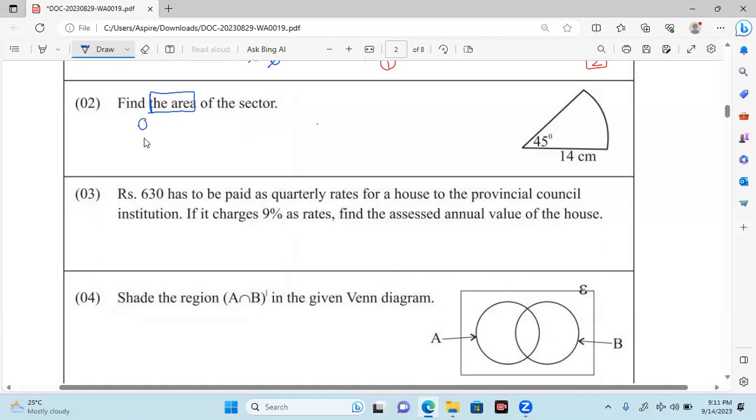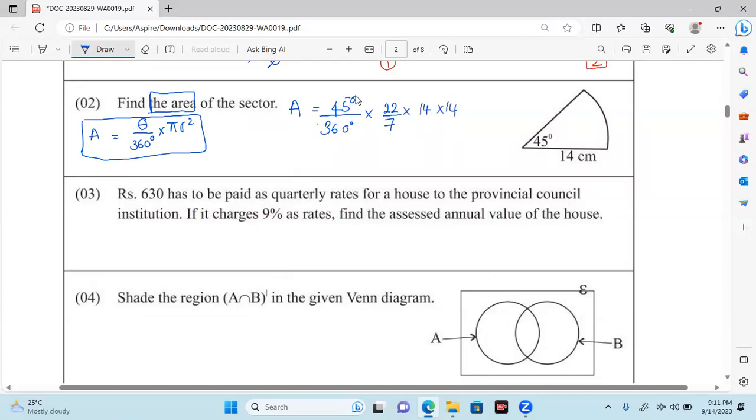Then what is the formula that we use to find the area of a sector? It is theta over 360 into pi r squared. Then A is equal to theta, which is 45 here, upon 360 multiplied by 22 over 7 into 14 into 14.